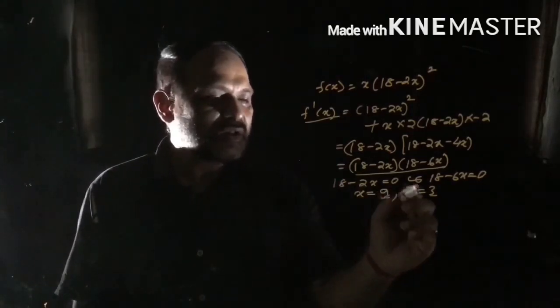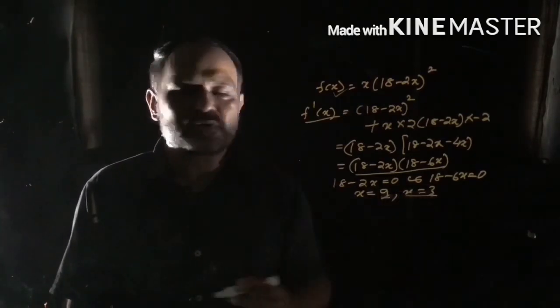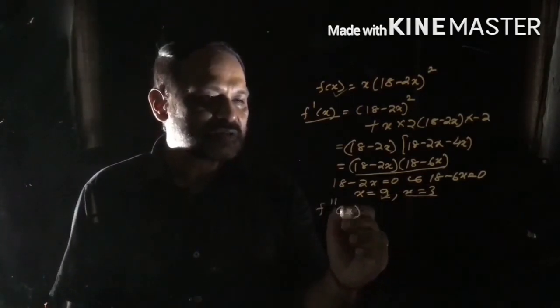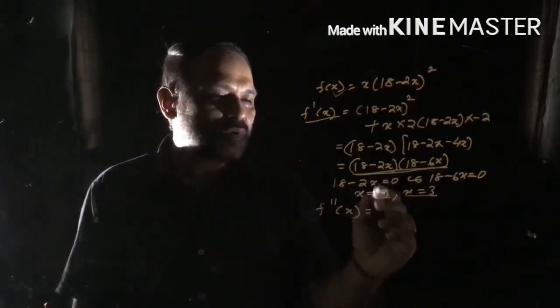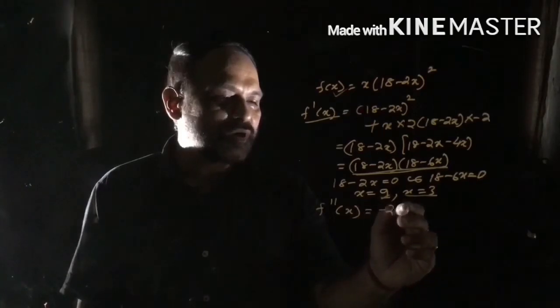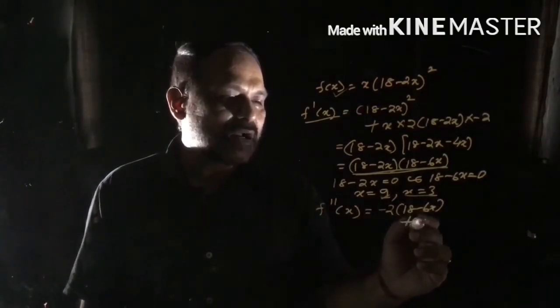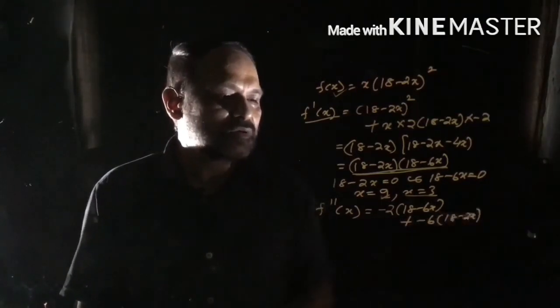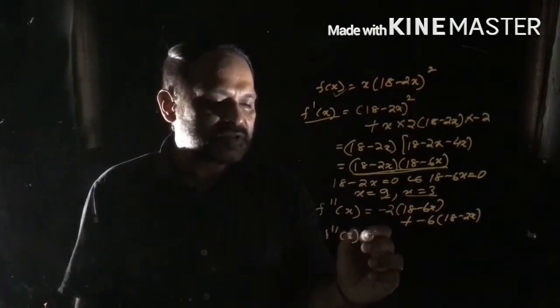We have to check whether the function is maximum or minimum at x is equal to 3. Now find out the value of f double dash x. Here this is our f dash x. Then f double dash is equal to minus 2 into (18 minus 6x) plus minus 6 into (18 minus 2x). Put the value of the extremum point here, f double dash 3.